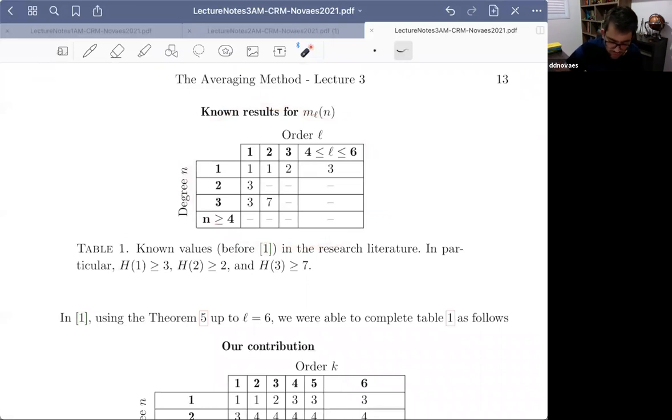For n equal to 1, it's just a line of discontinuity. It's a work of Claudio Buzzi and Claudio Pessoa, applying averaging theory or something similar.